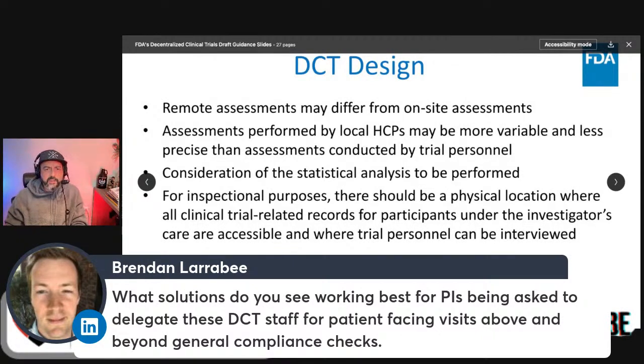Brendan says, what solutions do you see working best for PIs being asked to delegate these DCT staff for patient-facing visits above and beyond general compliance checks? So if a PI is going to be told, hey, we're going to send nurses that you don't know and that your staff doesn't know, because we have a vendor in your area, to the patient's homes, the PI is going to say, okay, how do you expect me to have oversight of what they're doing if I don't know these people?